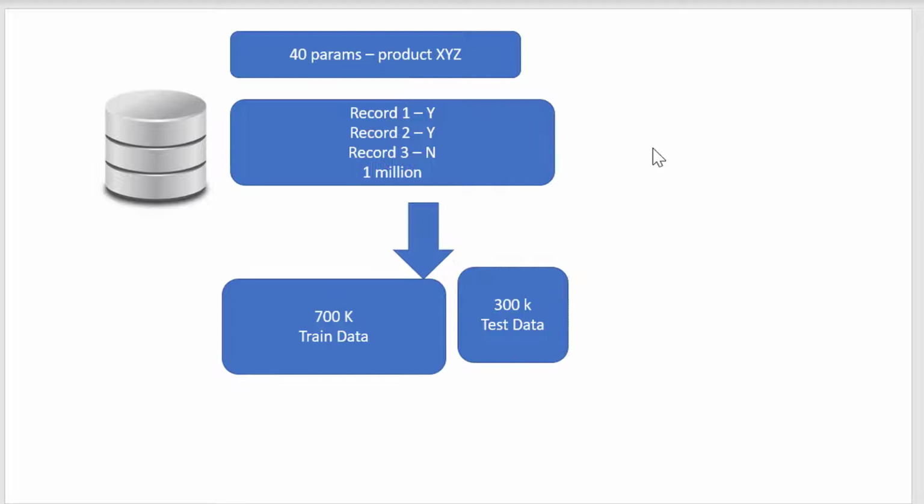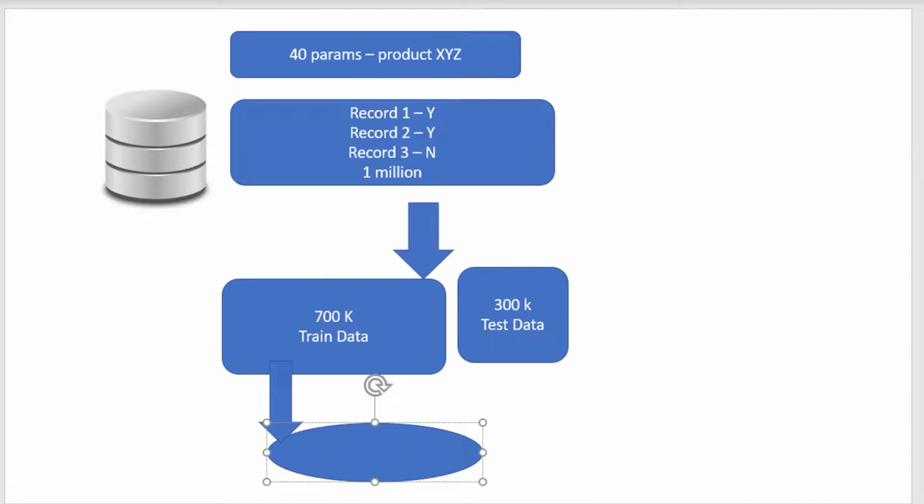The data scientist will provide me an algorithm or a set of algorithms to use, to extract the pattern within these 40 parameters. That is the model, the function that represents the dependency of these 40 parameters in determining the final value, or labeled value, whether the user has bought this product or not.